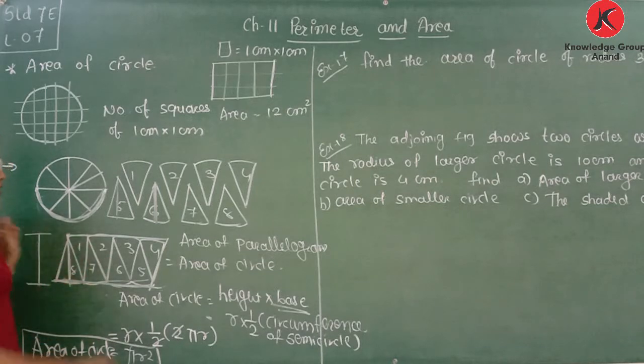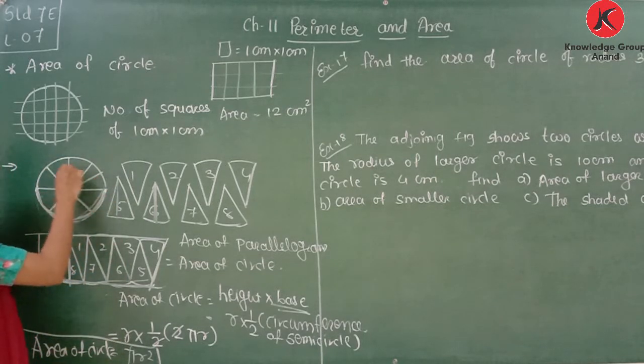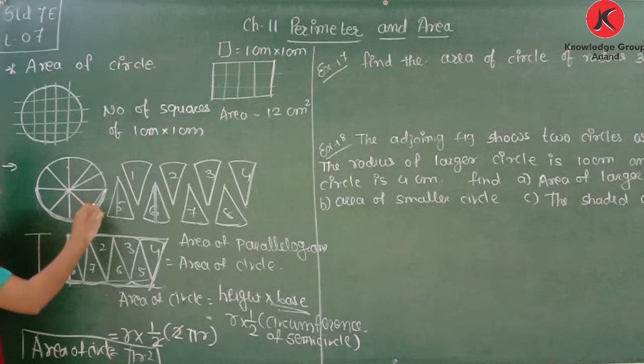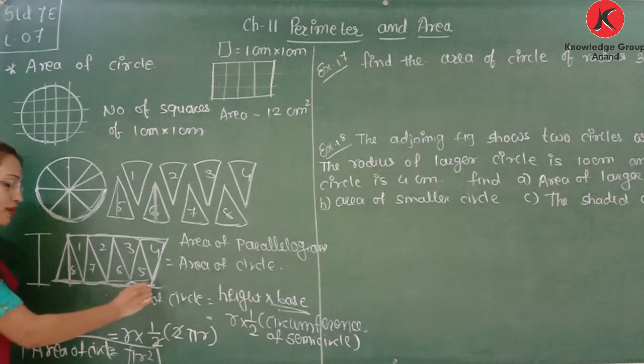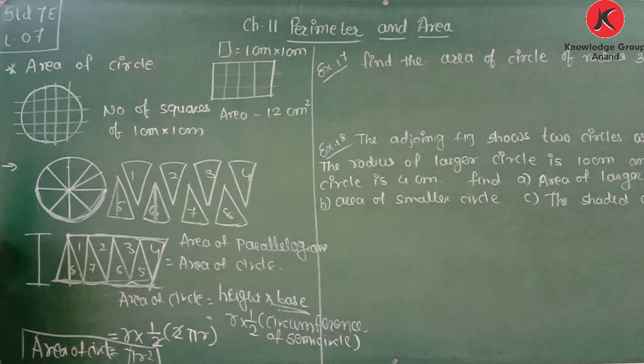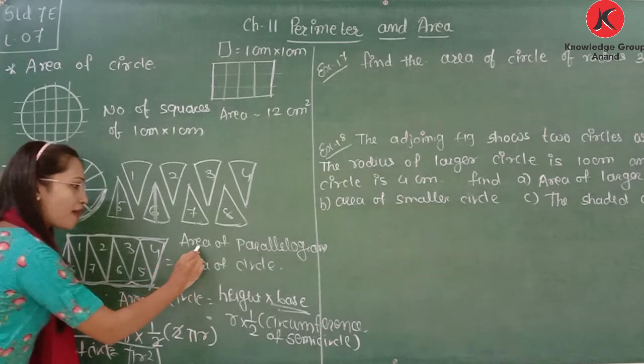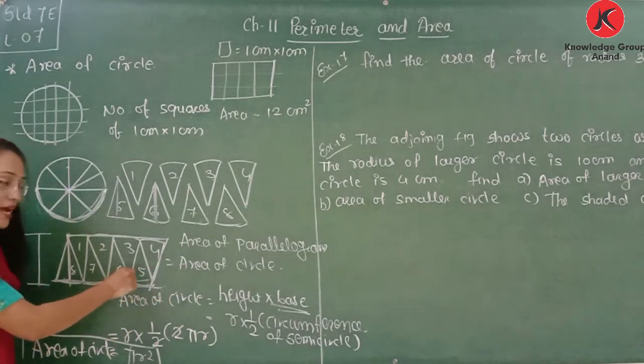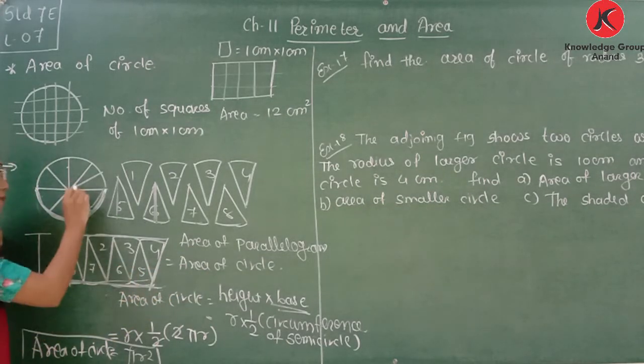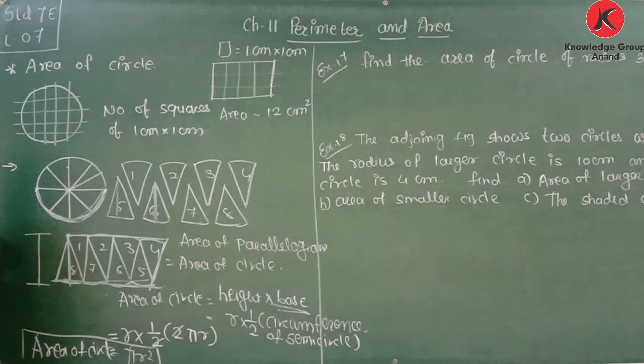So this way we get the equation to find the area of a circle. How do we get the equation? Take one circle, divide it into equal parts. Now arrange these parts in this way, so we get a kind of parallelogram, or if you divide it further, then you can get a kind of rectangle. So what is the area of a parallelogram? That is height into base, and the area of the circle will remain the same.